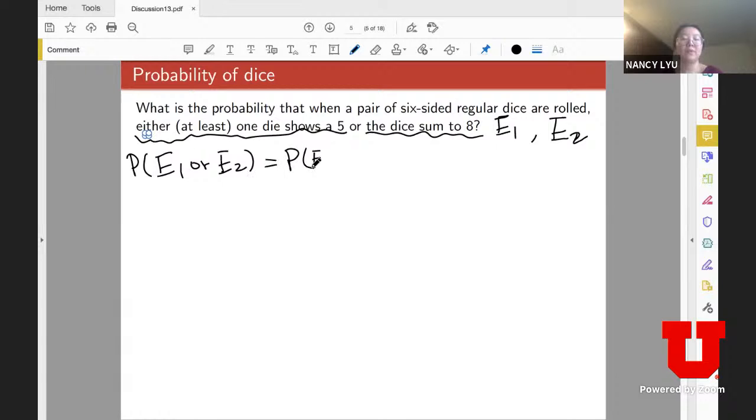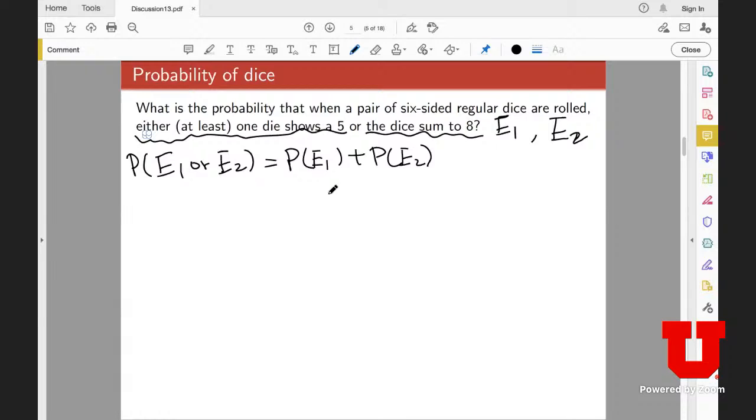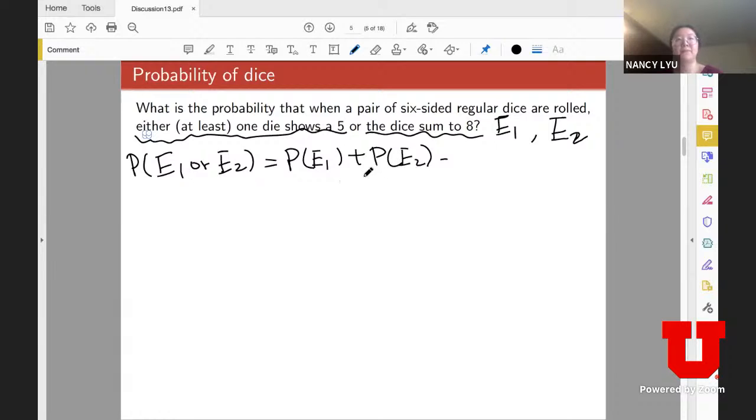If you just do the probability of E1 plus the probability of E2, what's the problem here? They would be disjoint if that were the case. Yes, but it's certainly not in this problem. So you have to minus the overlap, because if you do E1 plus E2, you will have double counted the case where they happen at the same time.